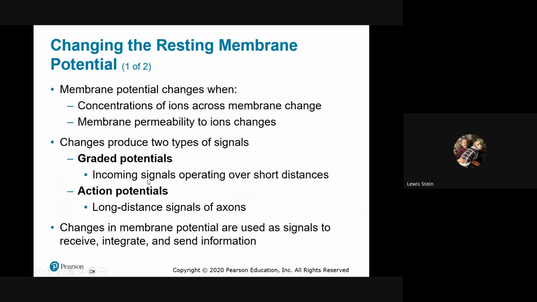Graded potentials make localized changes. It's a weak signal. It can't travel very far. Action potentials travel a greater distance. I mean, here, these local potentials might go border to here, or even maybe a little wider from here to here.